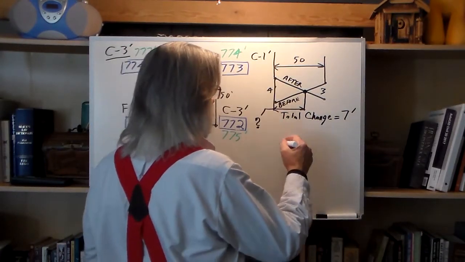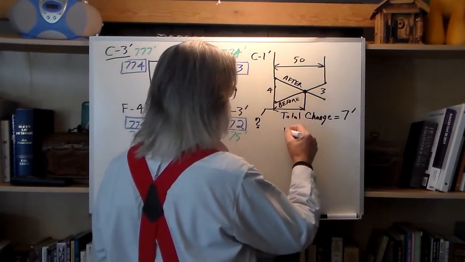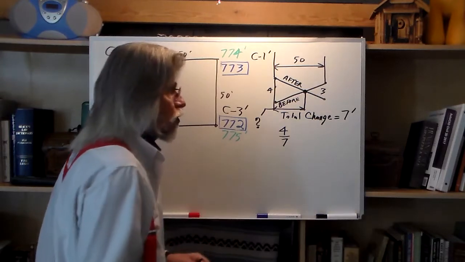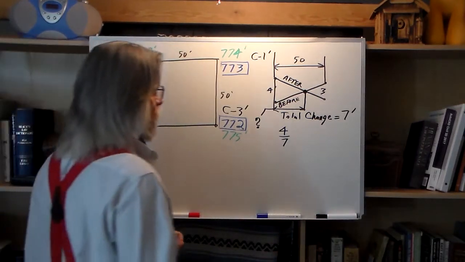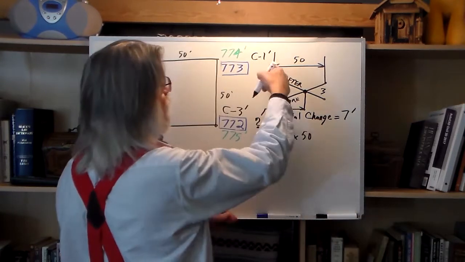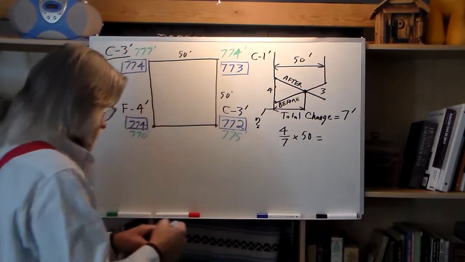So the distance is 4/7 of the total, right? 4 divided by 7. It is a fraction of the total. 4 divided by 7 times 50, because 50 is the total distance, is going to give you this distance right here.